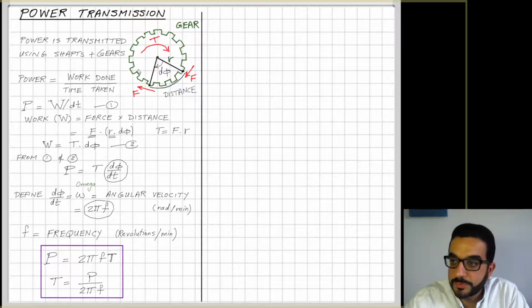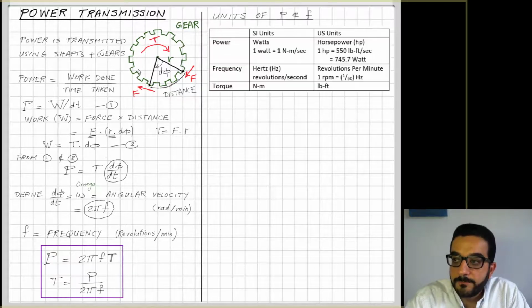One thing to pay attention to is the units for measuring power and frequency. It depends on which system of units you're using. For standard units, power is measured in watts, and a watt is 1 Newton meter per second. Remember, power is equal to the work divided by the time taken.